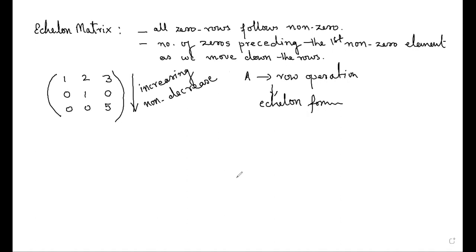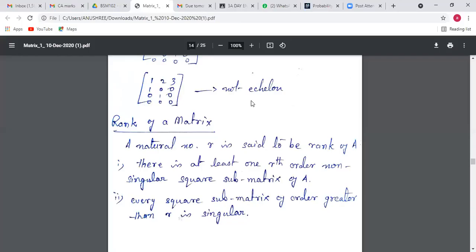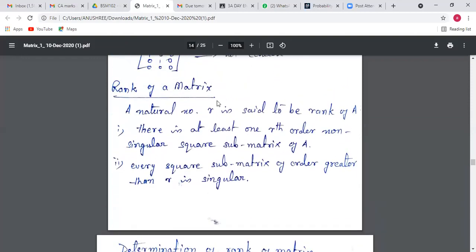Basically, by definition, what can we say about rank? See, this is your echelon matrix. Rank of a matrix: a natural number R is said to be the rank of a matrix A if there is at least one rth order non-singular square submatrix of A. Non-singular, we all know, means determinant not equal to 0.